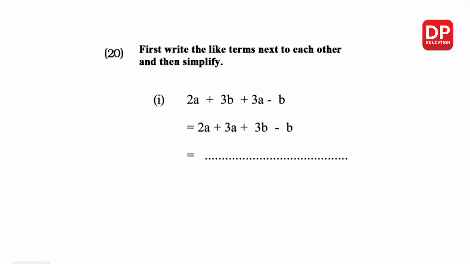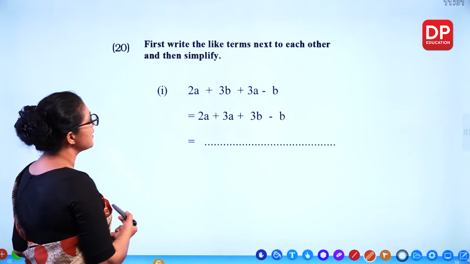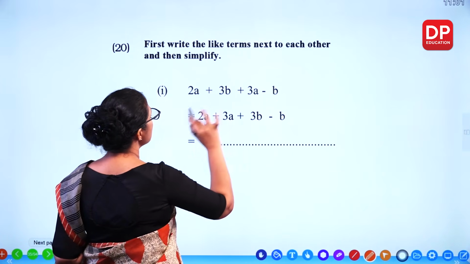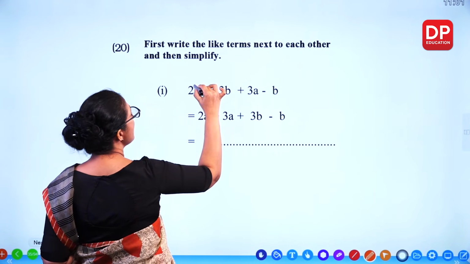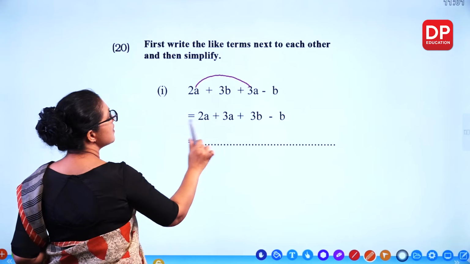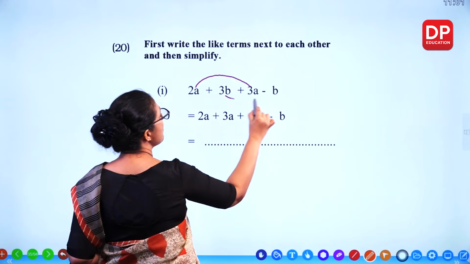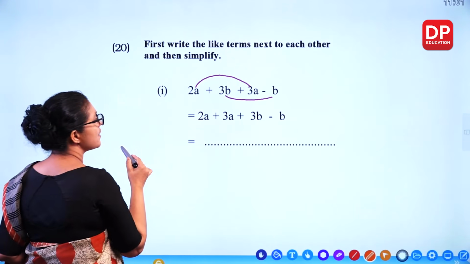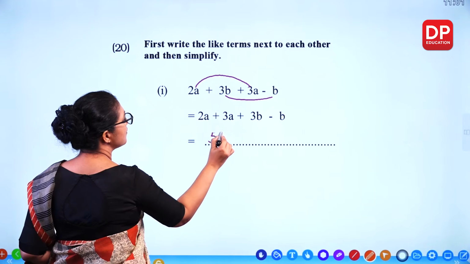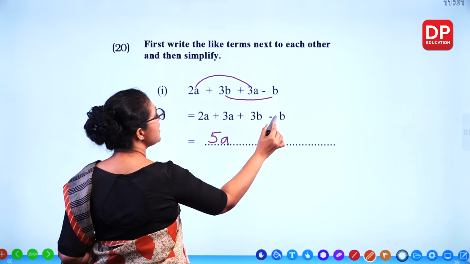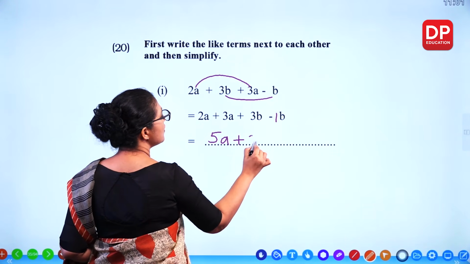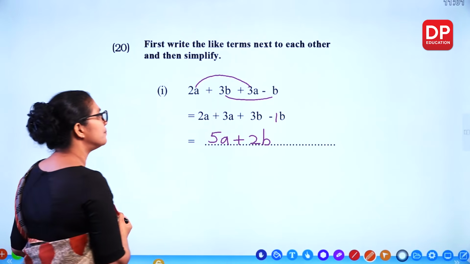First write the like terms next to each other and then simplify. So you can do that without taking them separately. 2a and 3a you can write together. 3b and minus b you can write together. 2 plus 3, 5. 3 minus 1, you get 2b.